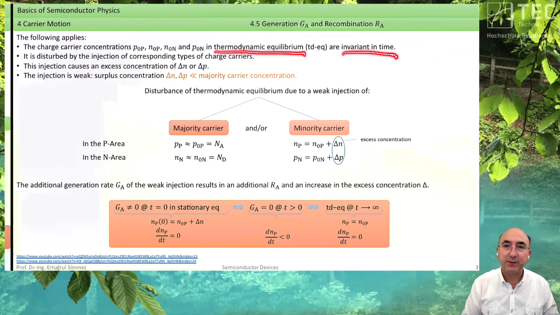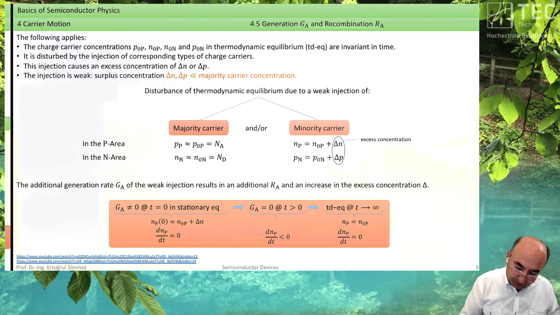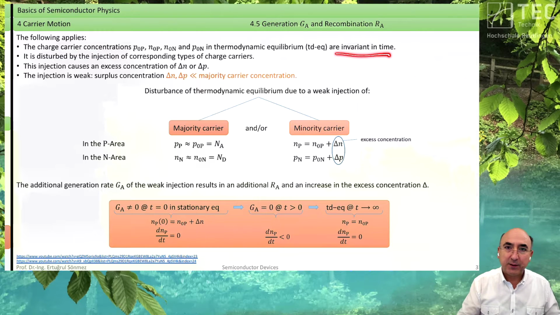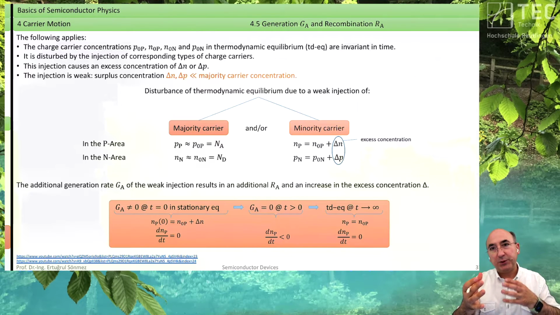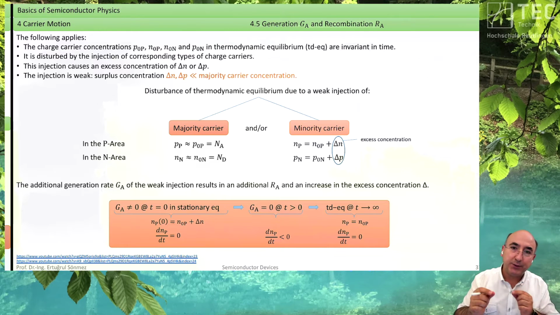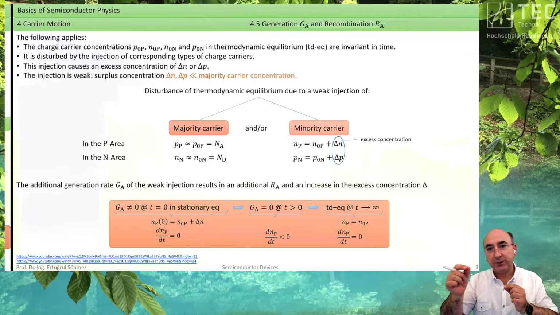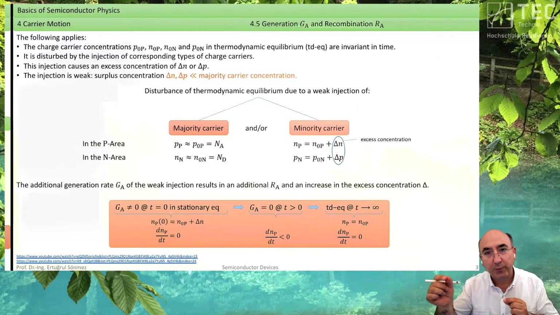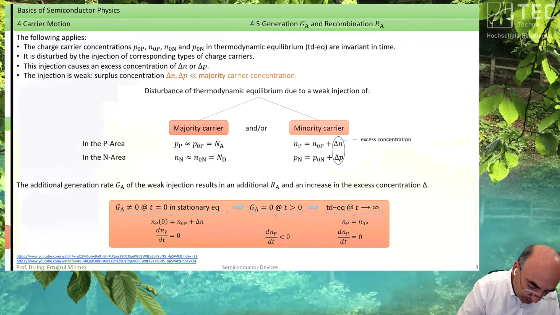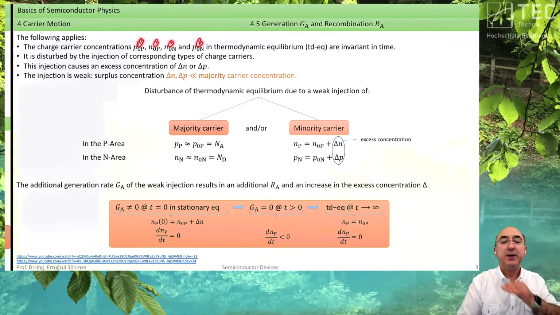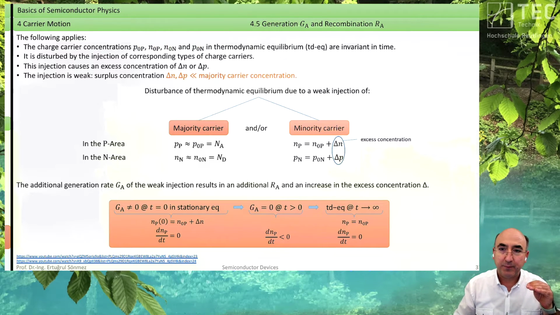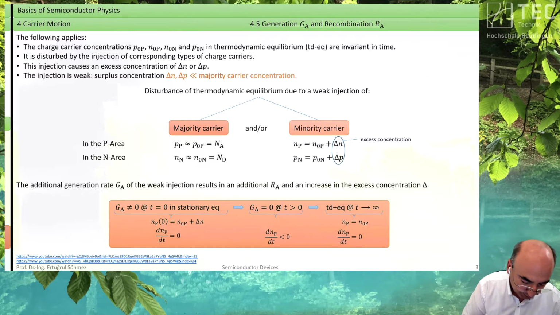So what does this sentence mean? If we wait a long time, all mechanisms which cause a change in the concentration have made their effect on the concentration. The result is, as a function of time, the concentration doesn't change anymore. This is the index called zero. Zero means we have reached the thermodynamic equilibrium.